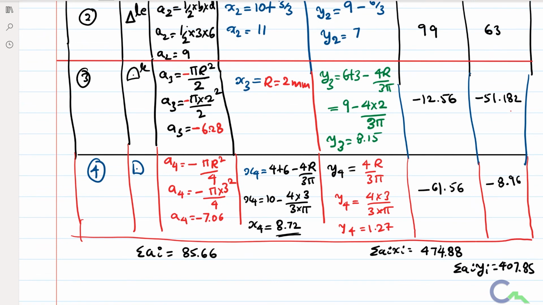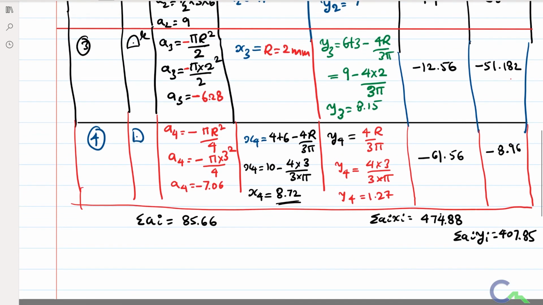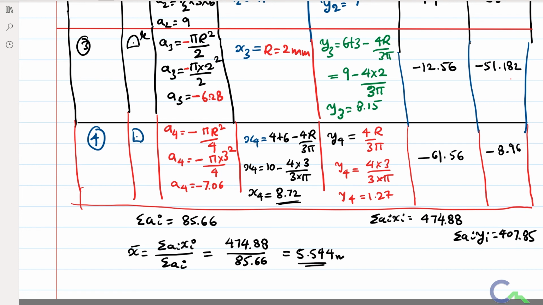After that I have to apply in the equation, that is x bar is equal to sigma Ai xi divided by sigma Ai, that is equal to 474.88 divided by 85.66, we will get 5.544 mm.